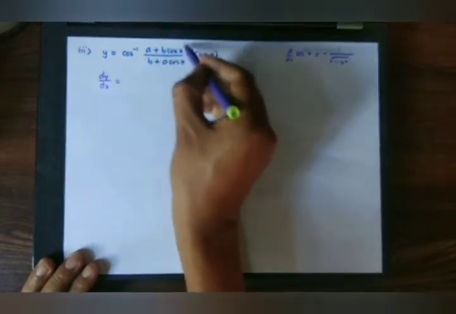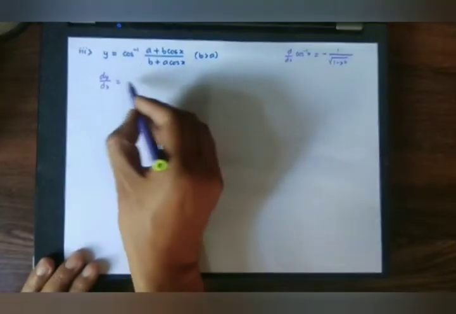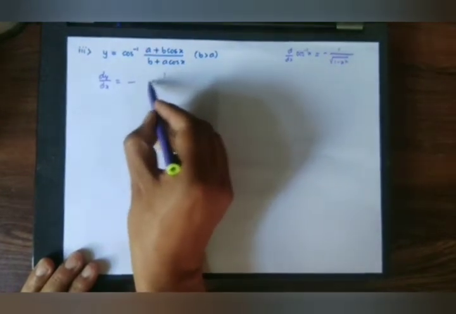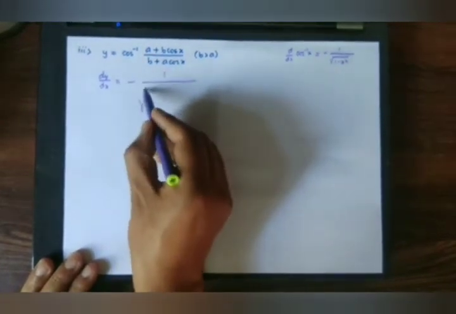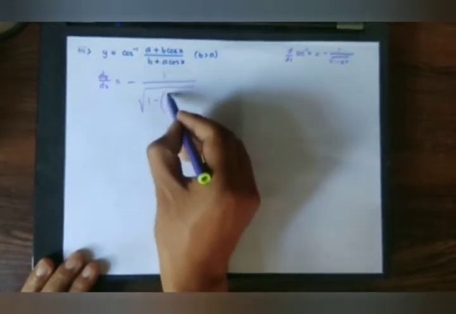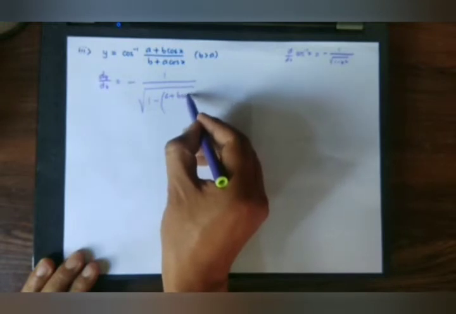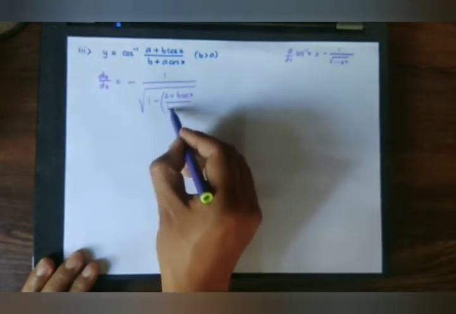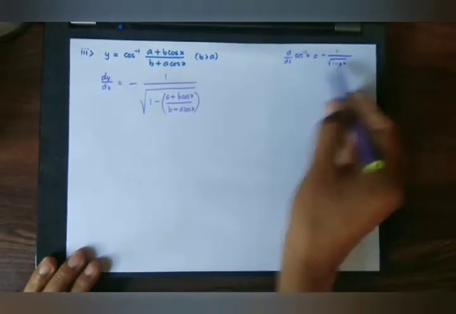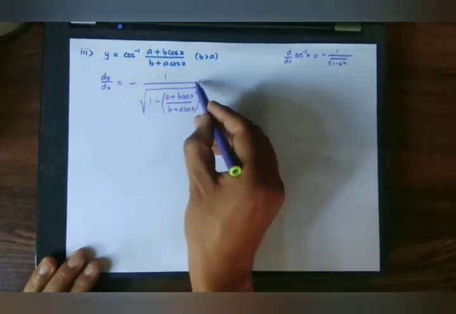This entire thing is my x for me, so I'll get negative of 1 by root over 1 minus x square, where x is (a plus b cos x) by (b plus a cos x), and this is squared, so that's why I'm writing square there.